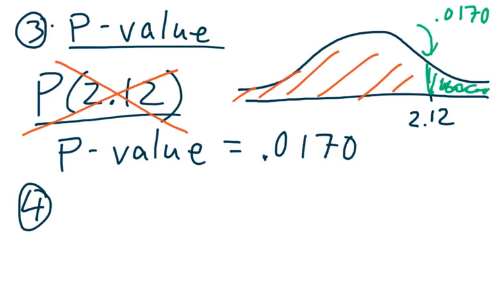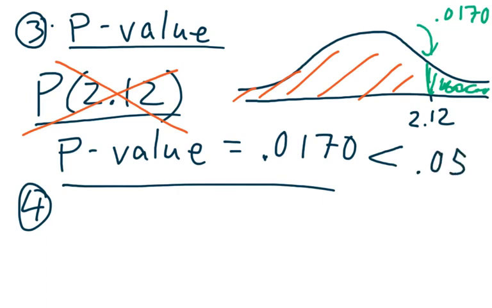Our p-value is 0.0170, and that is less than 0.05, which is what alpha was equal to.